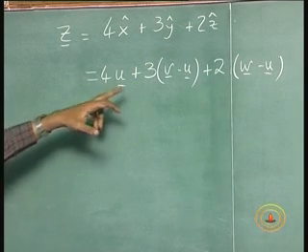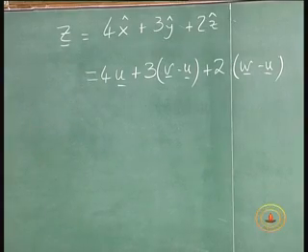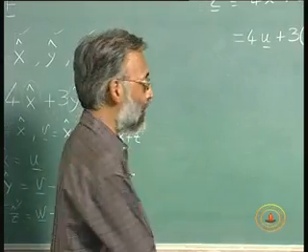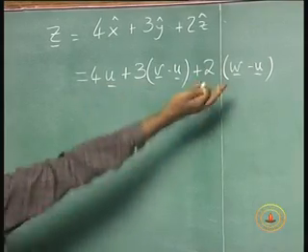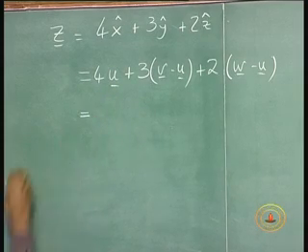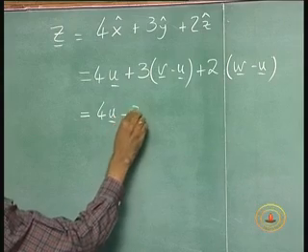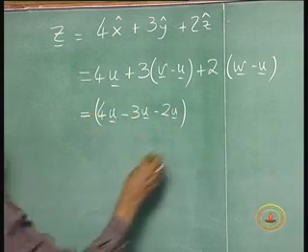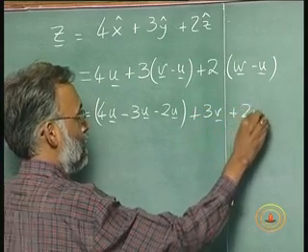I can collect terms. I can collect terms because vector addition is associative and commutative. You can read all about that in the textbook. Those are just mathematical ideas which say that we can shuffle together any such expression. So, I am going to write it as 4u minus 3u minus 2u plus 3v plus 2w.